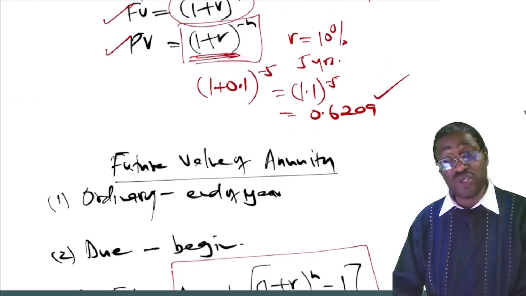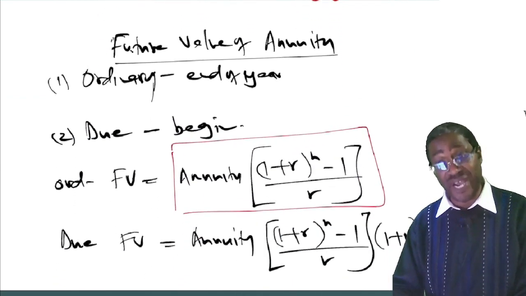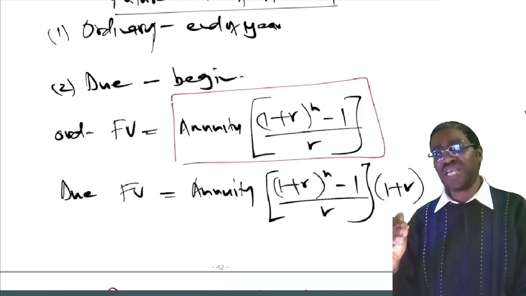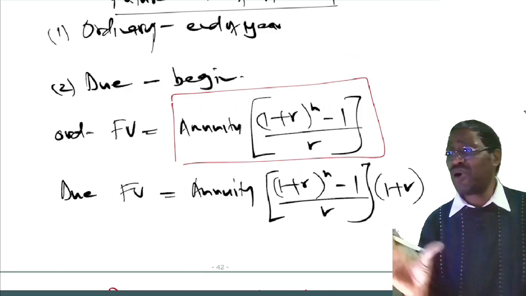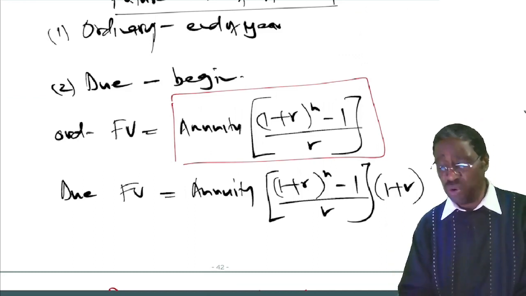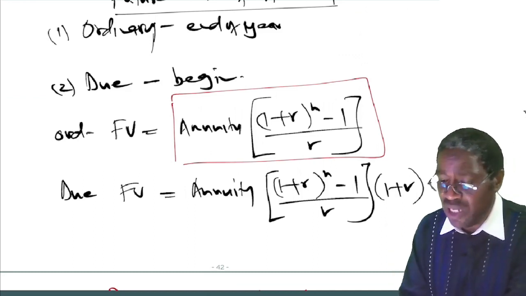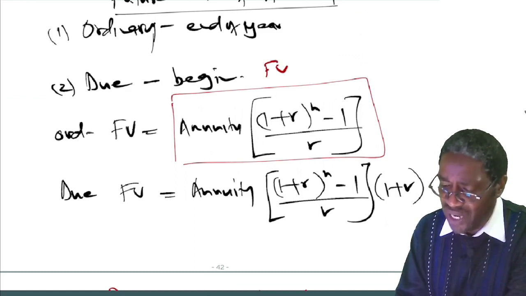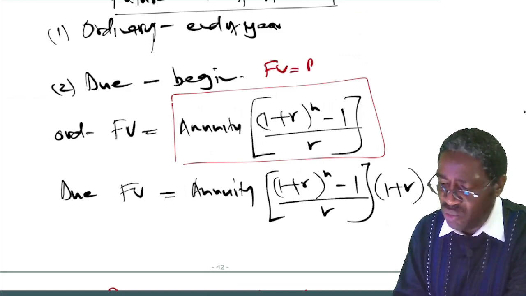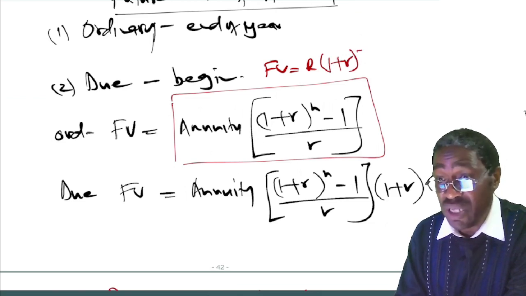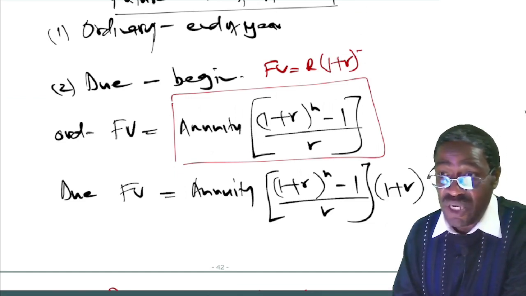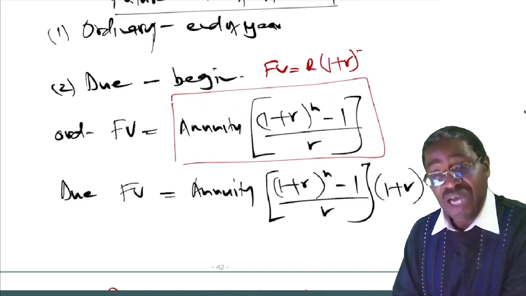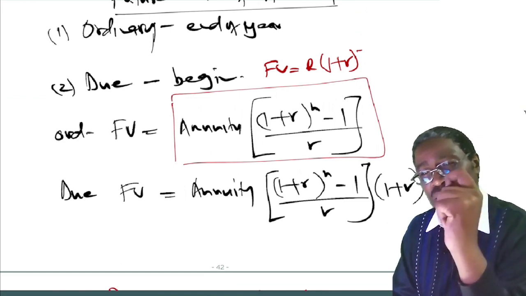And so I told you last time, just to reconnect, that if you are given a question where the annuities are only for a few years, for the first 4 years and so on, and you can't remember this formula, then you can get the future value by saying it will be R into 1 plus R to the power of, assuming the annuities are for 4 years and they are coming at the end of the year.